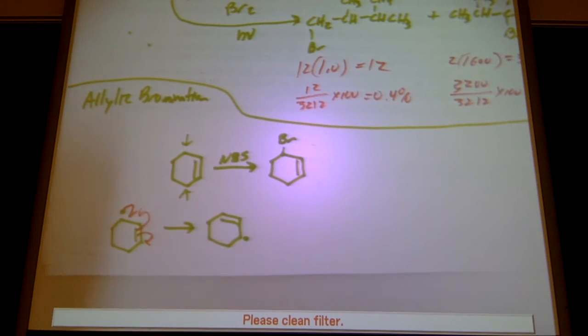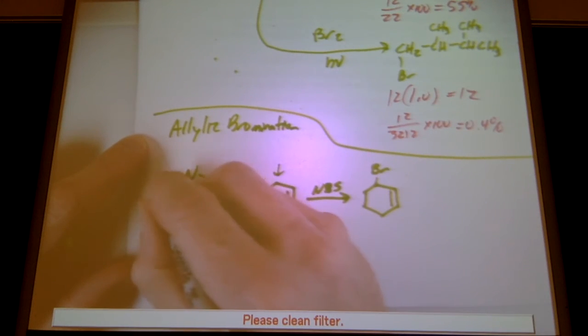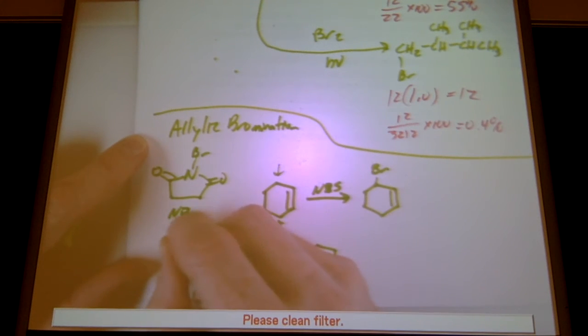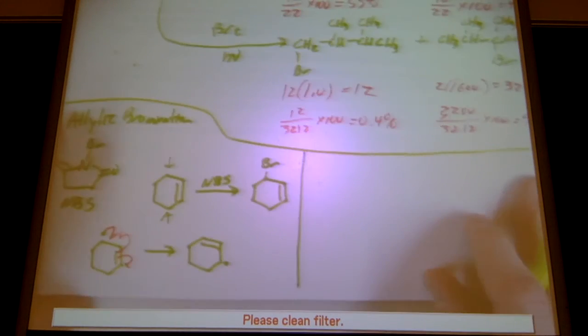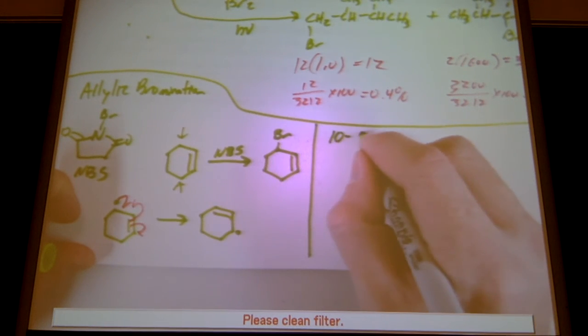Just to review, N-bromosuccinimide has that structure, but we'll just write out NBS each time. Let's look at 10-5.